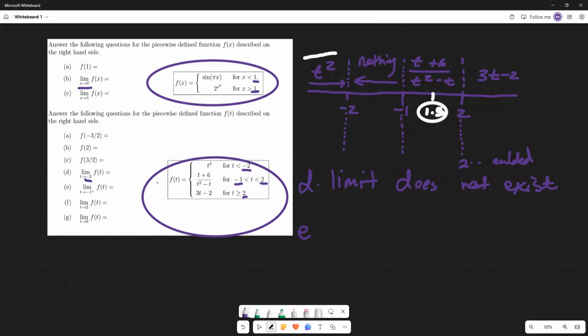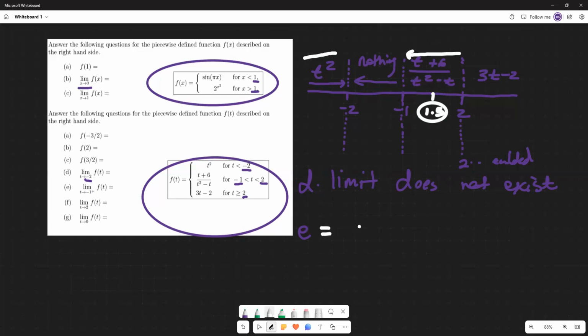Now let's do E. They want us to find the limit as x approaches -1 from the right. So we're approaching -1, coming from the right, from this way. So this is the most useful equation we're going to use.